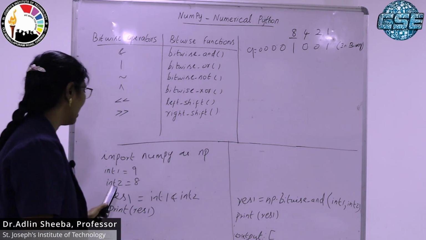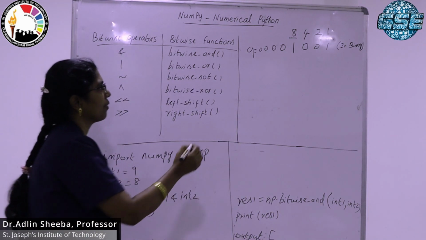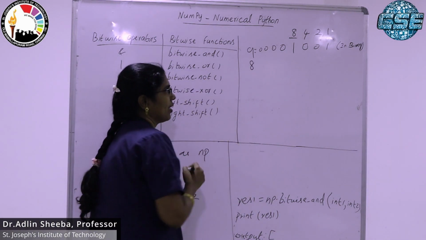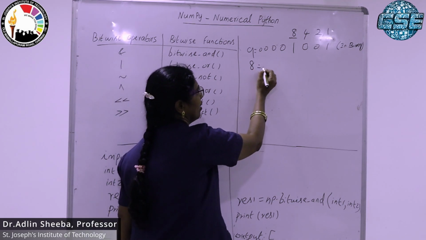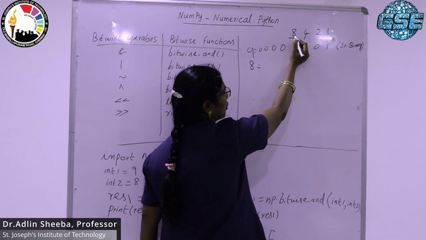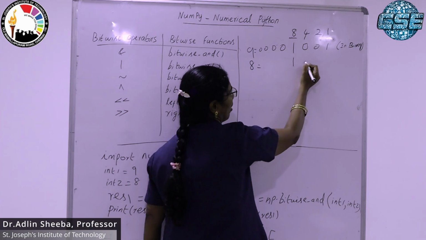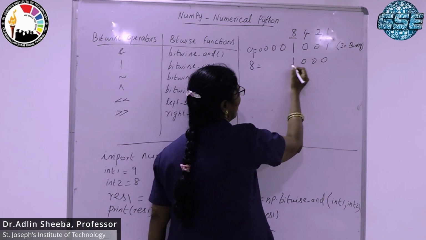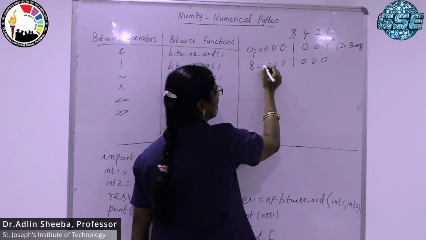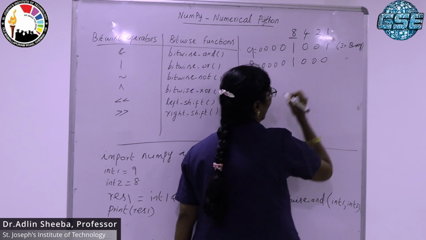Then the next number we have is 8, which we have to write in binary. Here the 8 is in this position, so we put 1, and the remaining digits are 0.